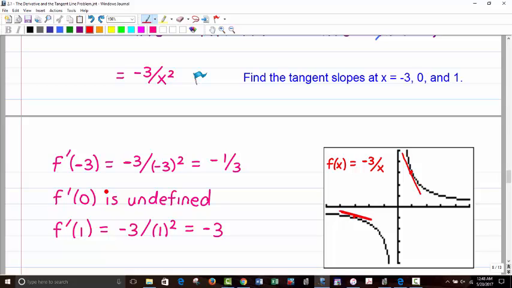Can't divide by 0, so there's really no tangent slope. And that makes sense because the graph itself is not defined at 0. There's a vertical asymptote there. And f prime of 1, put in 1, you'll get -3, so that's this line right over here. There's definitely a negative slope for sure, a lot steeper than that one, so -3 looks good.